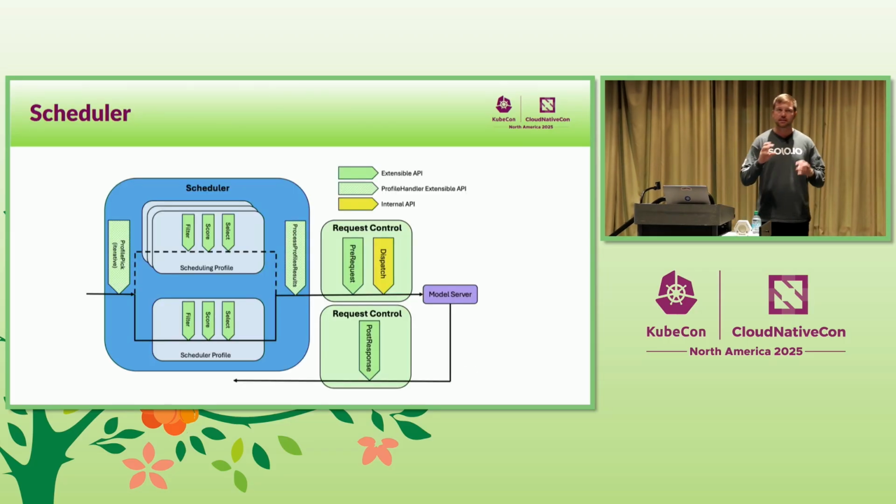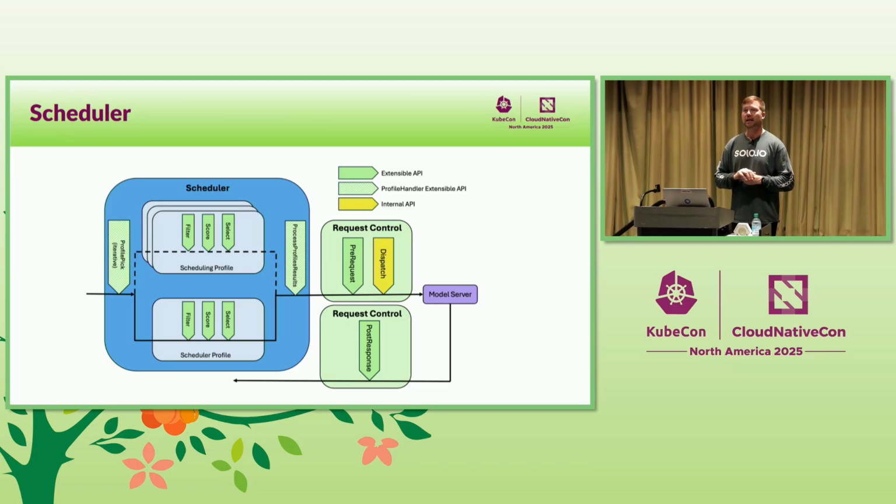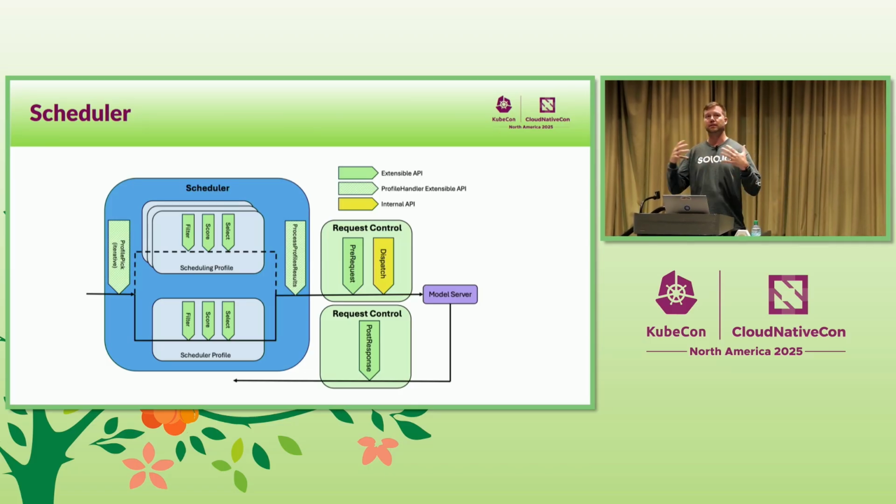And let's dive a little bit into the EPP. At the heart of the EPP is the scheduler. This is the brain of the EPP that makes the decision on where to route the request across my fleet of model server replicas. And it is extensible. At the heart of the scheduler are plugins that either filter or score the request.